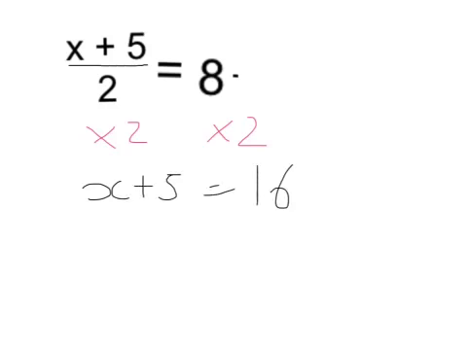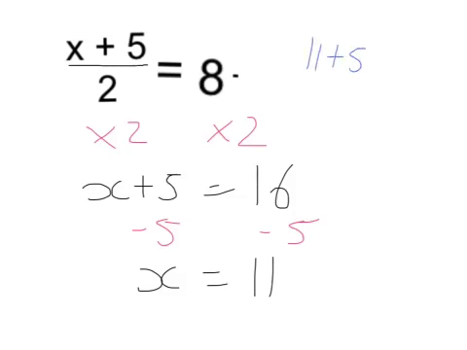Now I can solve this like I would a one-step equation by taking 5 away from both sides, leaving me with x equals 11. Let's try it. If x is 11, 11 plus 5 divided by 2, well 11 plus 5 is 16, divided by 2 is 8.